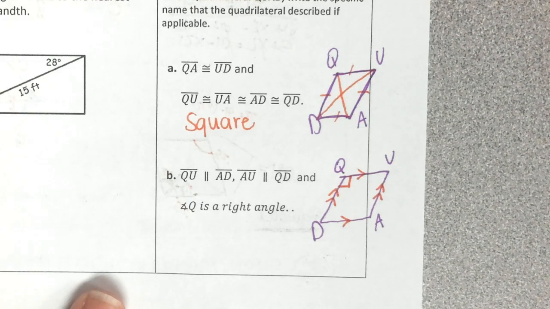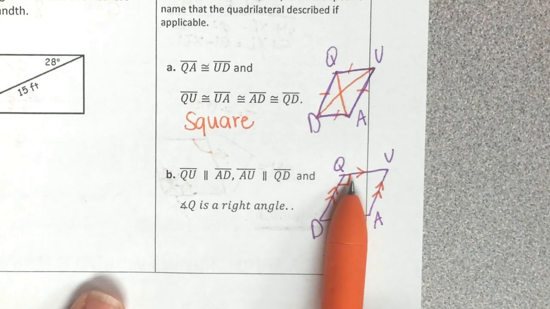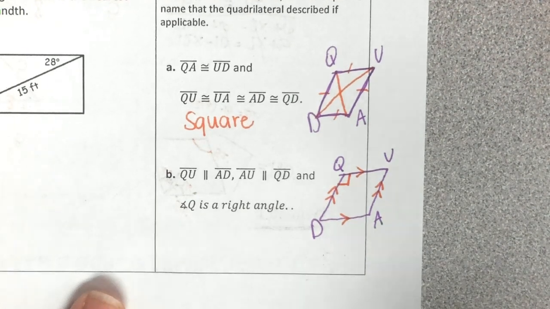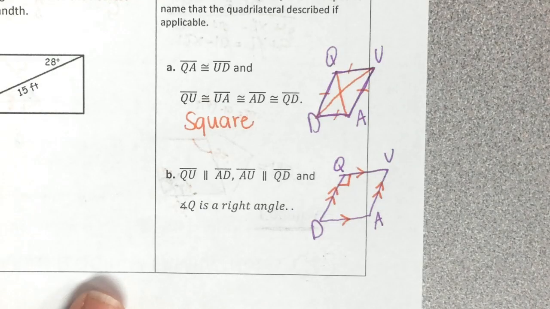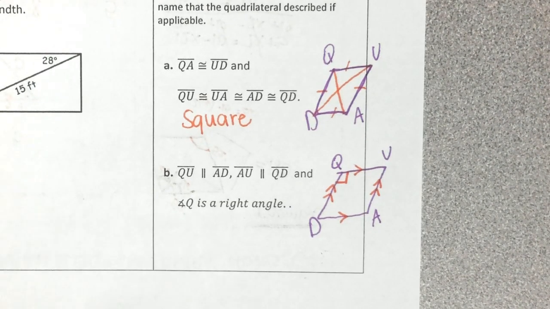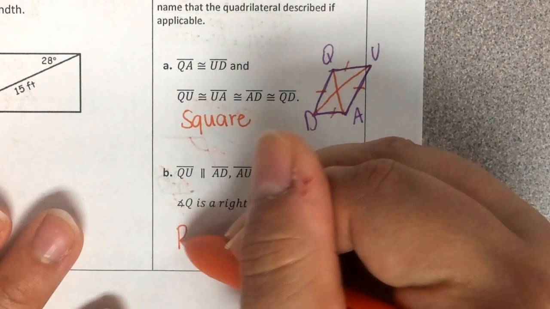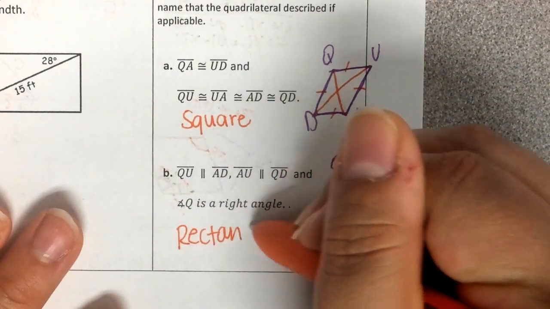Why? It has a right angle. It only has one? Well, since they're all parallel, don't you agree if it has one, it has four? What shape has four right angles? Now, why am I not going to write a square? Do I know anything about the sides? Nope. So I can't assume. So this is only a rectangle.